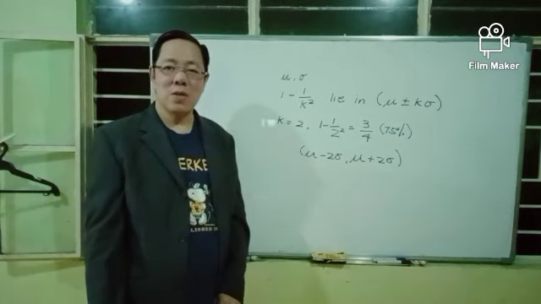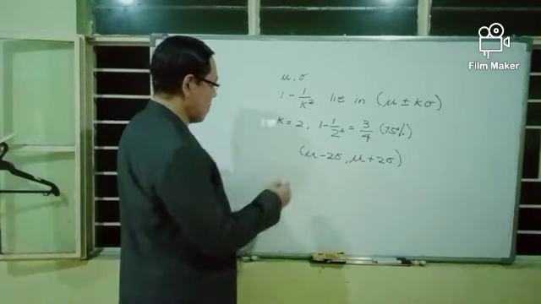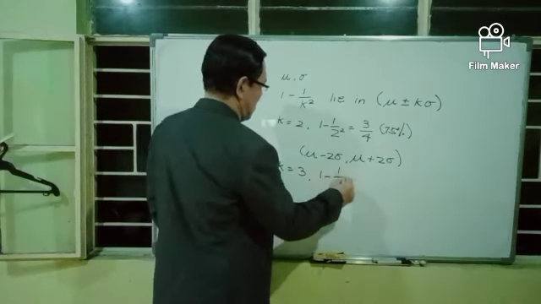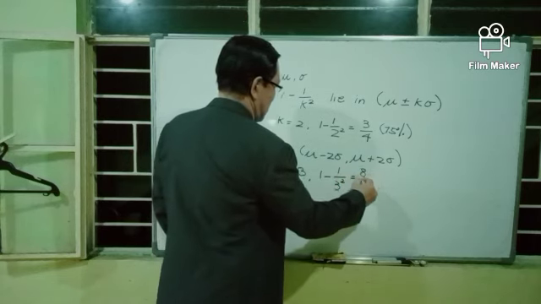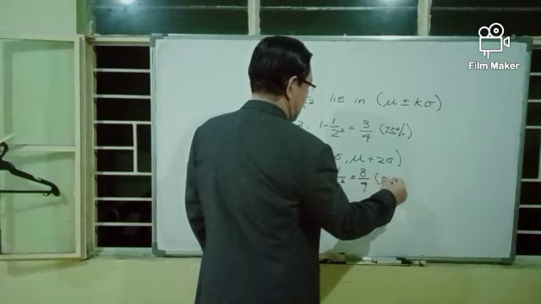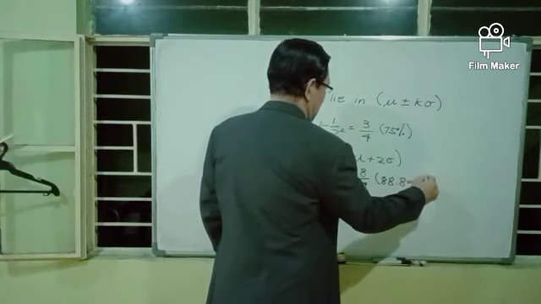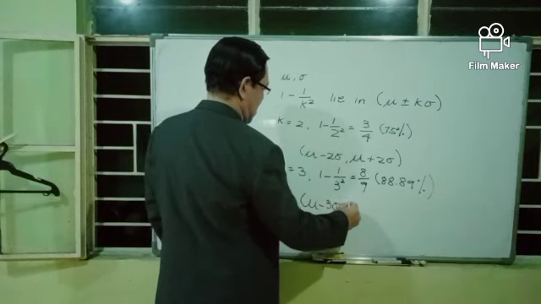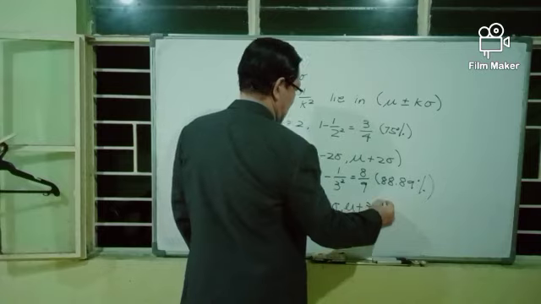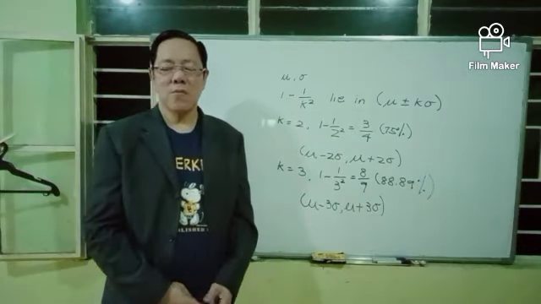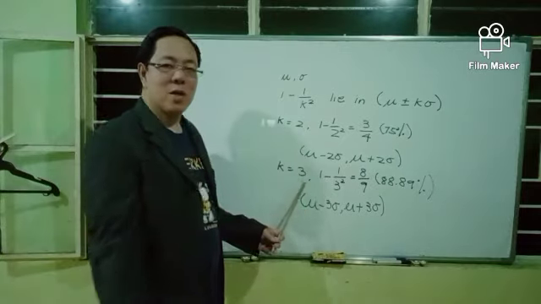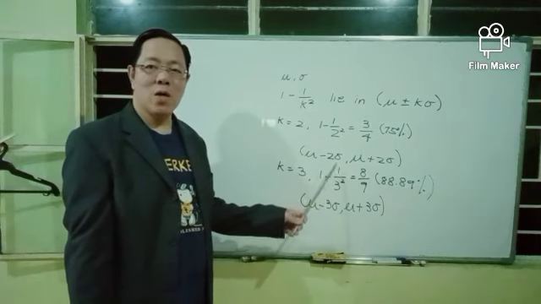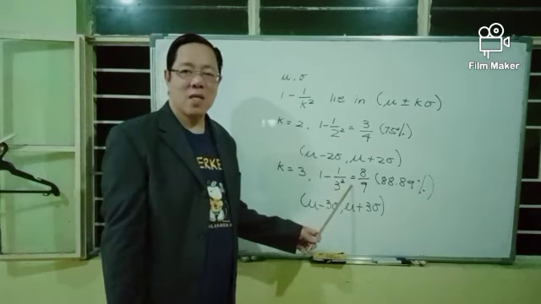If we take another value of k, say k equals 3, then 1 minus 1 over k squared becomes 1 minus 1 over 3 squared, which simplifies to 8 over 9.